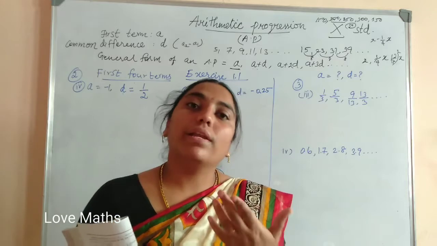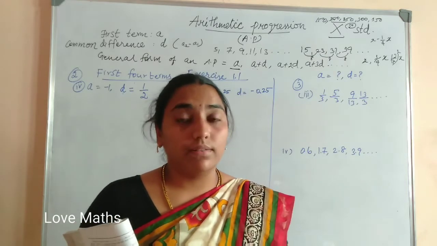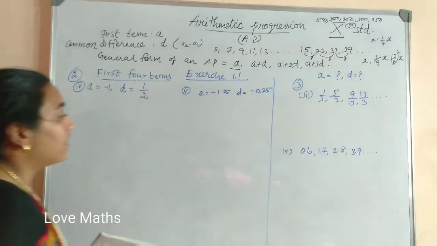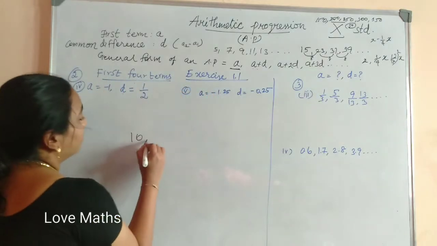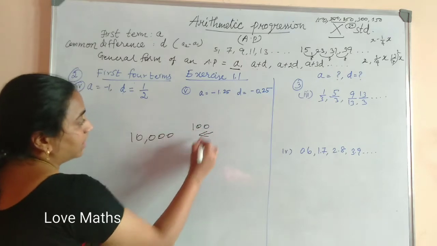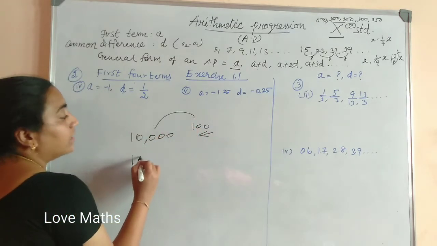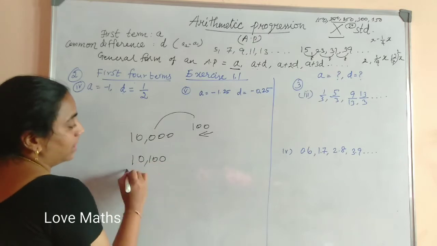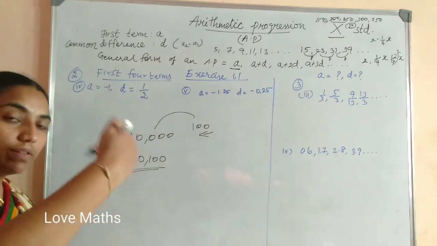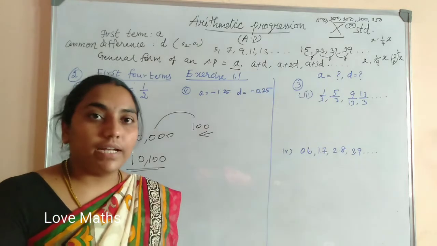Next month also you get 100, third month also you get 100 only. But compound interest means the first month you deposit 10,000, and if you get interest 100, next month your principal is calculated as 10,100 rupees, not 10,000. So there is variation, it is not fixed. So it is not an AP.